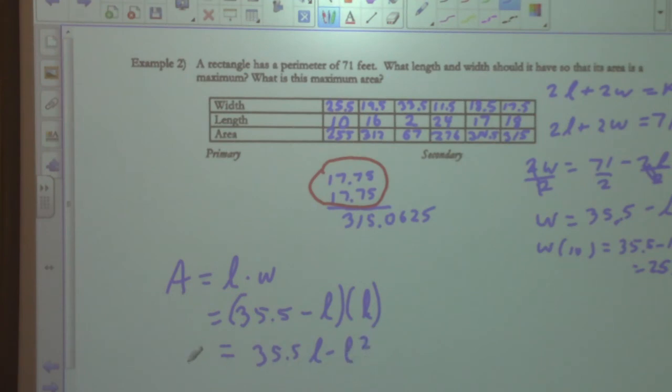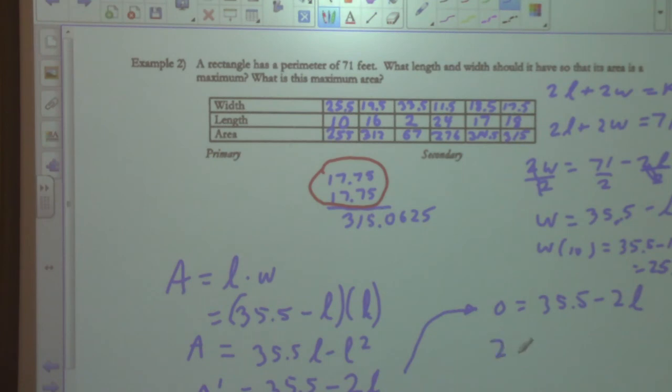If we take the first derivative of this, A prime is going to be 35.5 minus 2L. If we set that equal to 0, we say 0 equals 35.5 minus 2L.